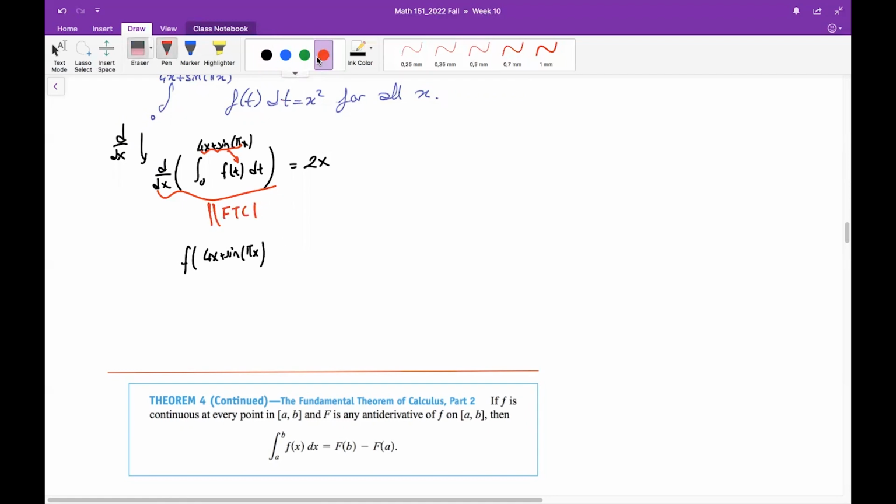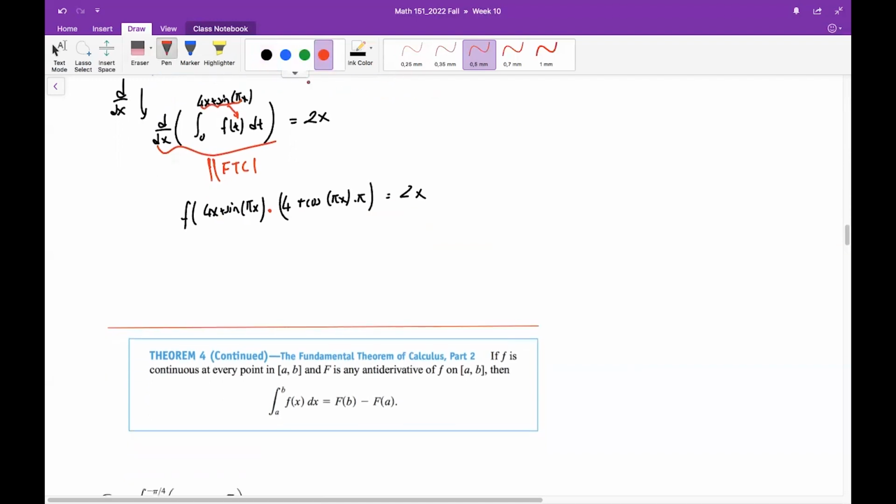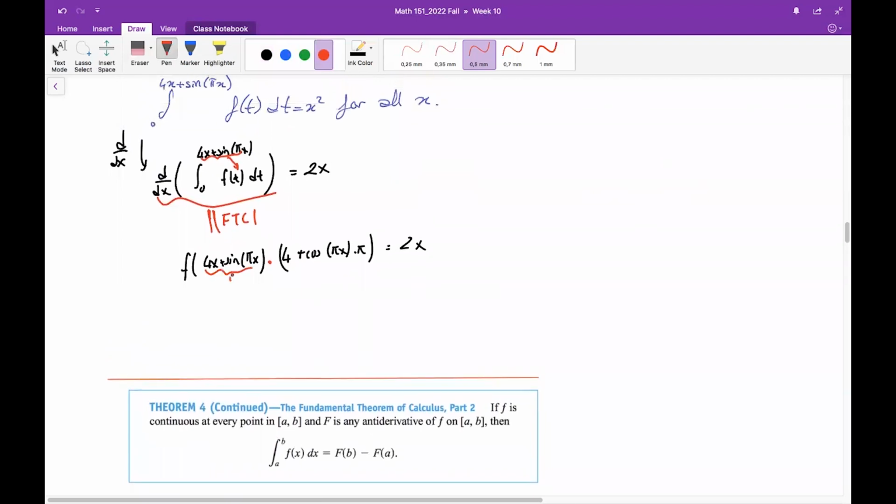But since this is not just x, but u of x, I need to multiply with the derivative of it, right? So let's do this derivative multiplication. The derivative of this is 4 plus cosine pi x times pi, right? Equals 2x. This is u of x, and this is u prime of x.